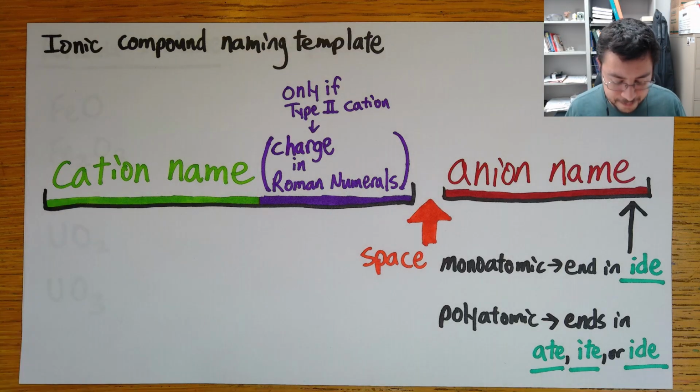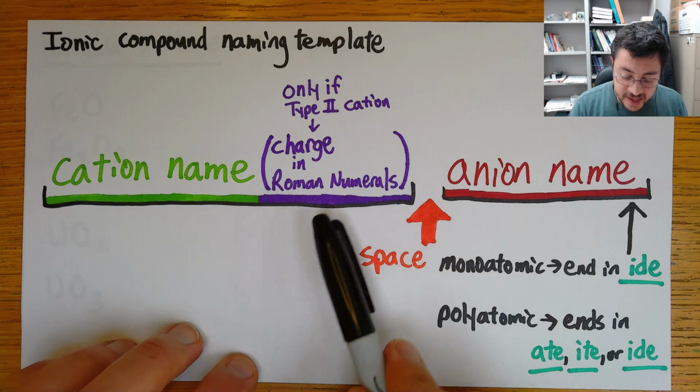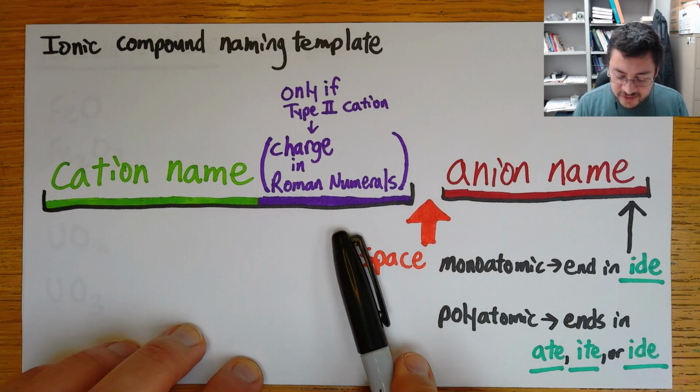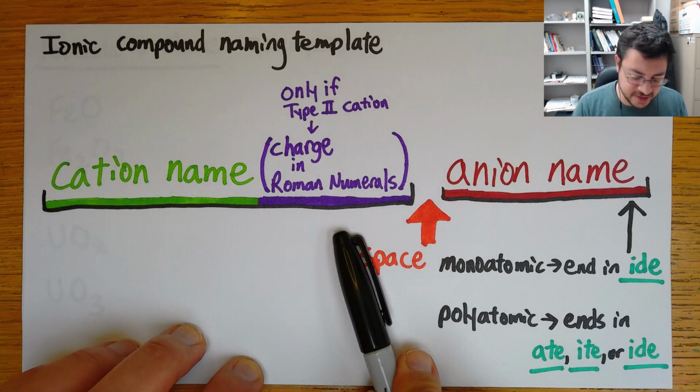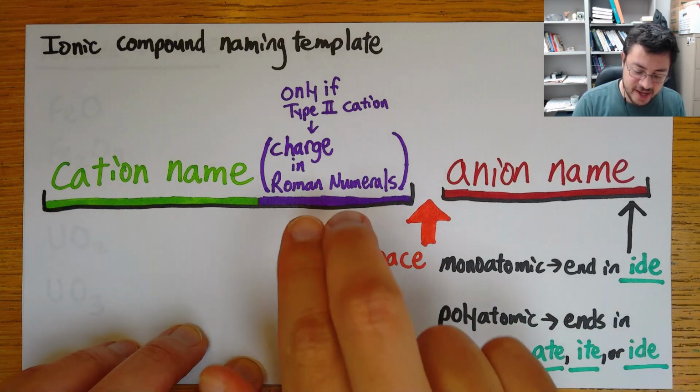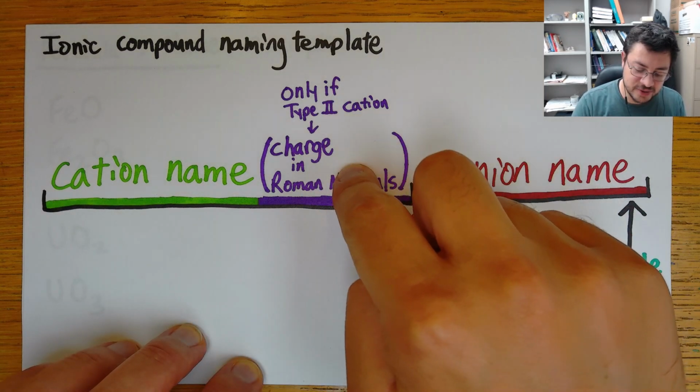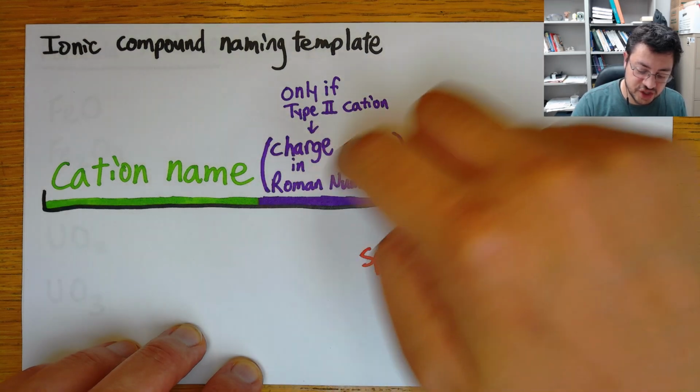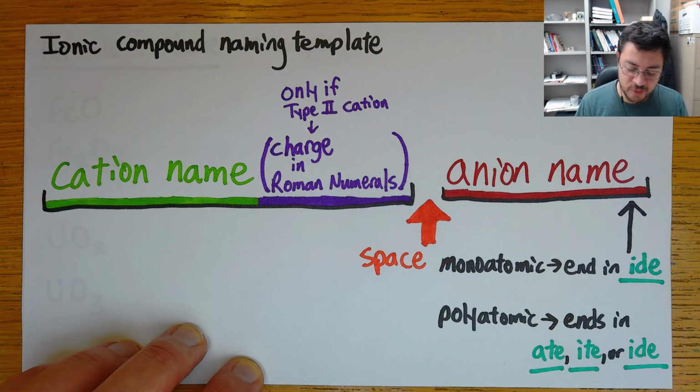All right, on to the main point of the video, which is showing you the template for how to write names when you have a type 2 cation. It is exactly the same as in my previous video with ionic compounds, except if you have a type 2 cation, you simply have to show that charge in Roman numerals.